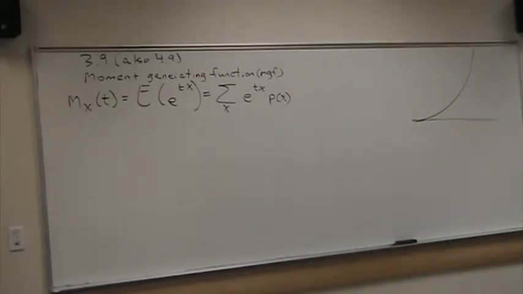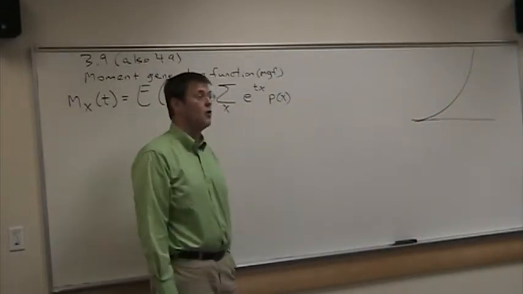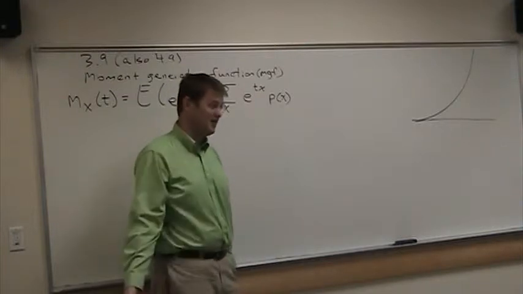Okay. So, since it goes to infinity quickly, what do you have to worry about when you integrate an exponential function? That the integral is infinite, right? That you don't have finite area. Okay. So here, if you're doing a summation, you still have to worry about that in some cases.